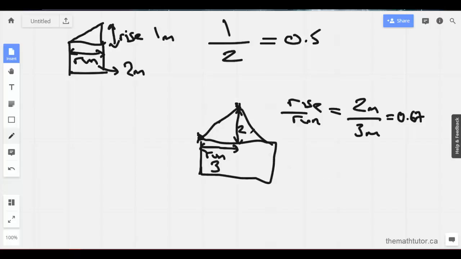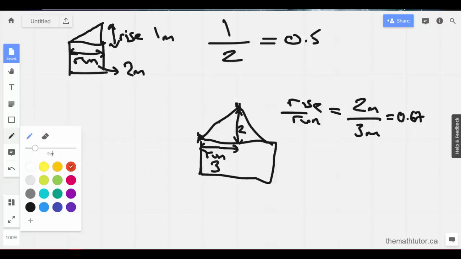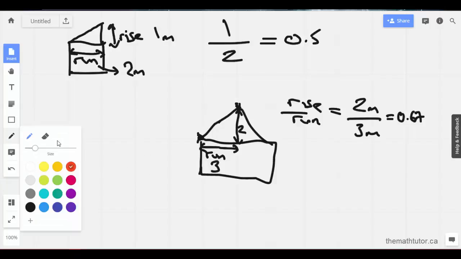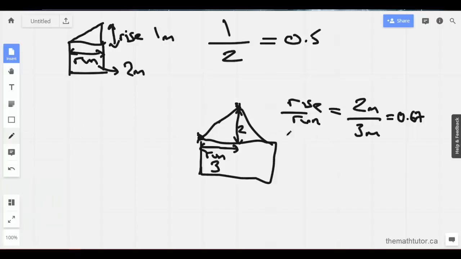Now let's talk about the right hand side, and I'll just do that in a different color. So this way, the run is the same 3 meters, but the rise, it starts here and it doesn't rise, it goes that way, it falls.